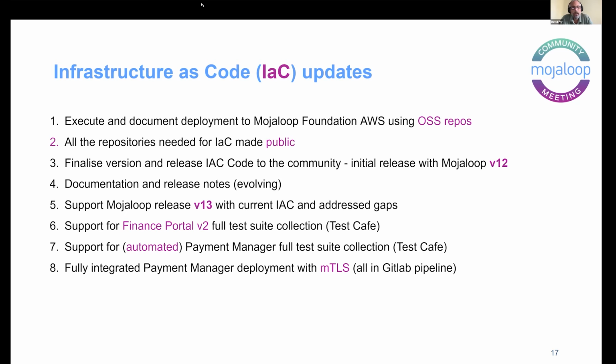Then we add elements such as Vault, and we have integrations between Vault and WSO2, as well as the HA proxies that are supporting the mutual TLS and other whitelist controls that have come about from previous implementations of Mojaloop and have found their way into what I would call the vanilla secure implementation of this IAC.